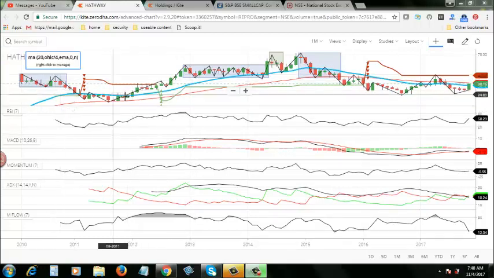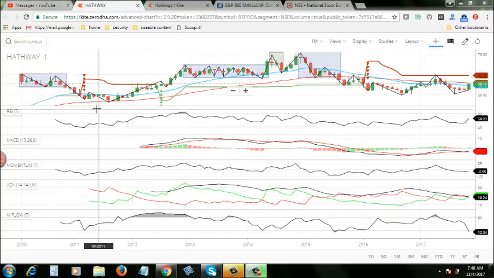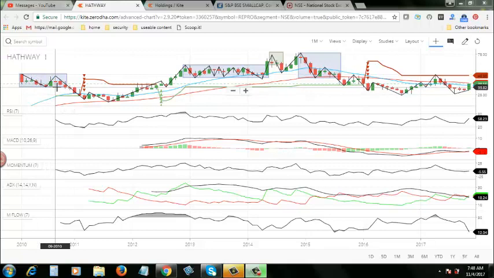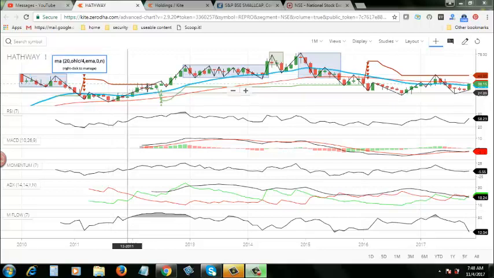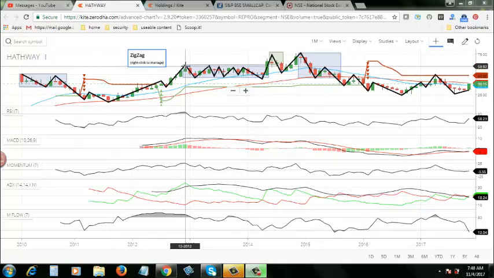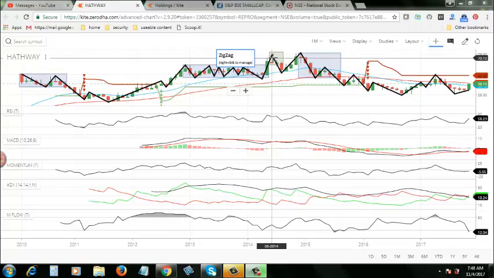If you look at the price trend path of Hathway, I have data here since 2010. In August 2011, this particular stock hit its bottom, and at that time it was trading at nearly 16 rupees, 15 rupees 89 paise, and after that it moved in the upward direction. Up to December 2012 it was trading at nearly 62 rupees, and there was a sideways movement, and again it spiked up to 70, and again sideways movement.